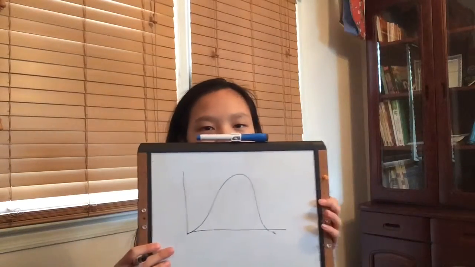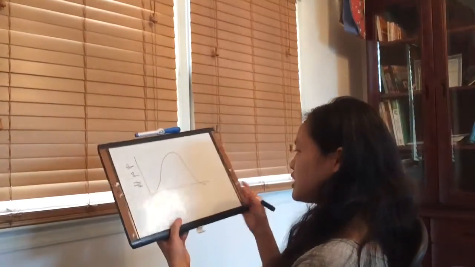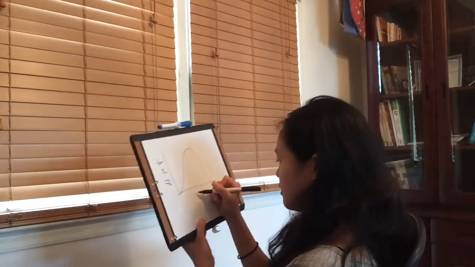So because only one side is favored, that means, okay, so this is the original population. This is the number of individuals, number of people. This is going to be, let's say, skin color or something.